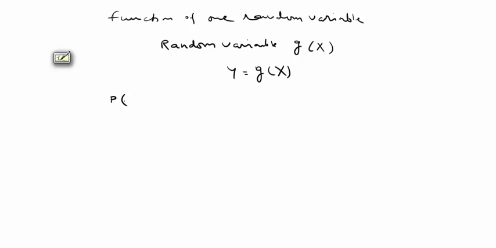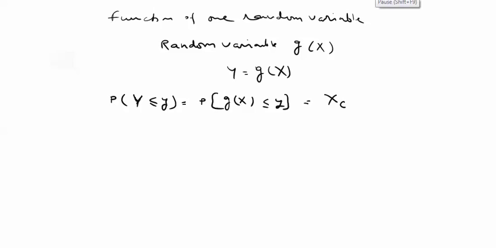Probability for Y: capital Y less than small y, g(X) less than y. Then we can calculate x is an element of D_y.